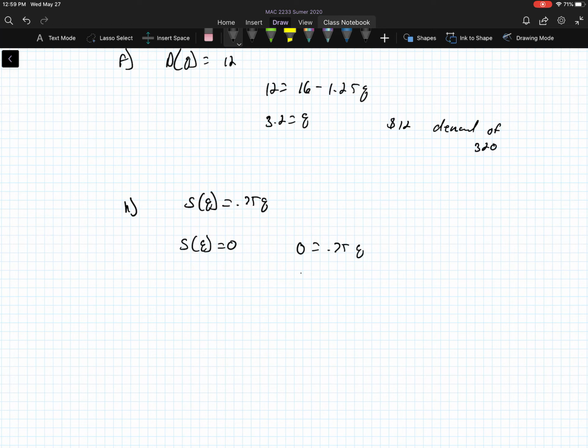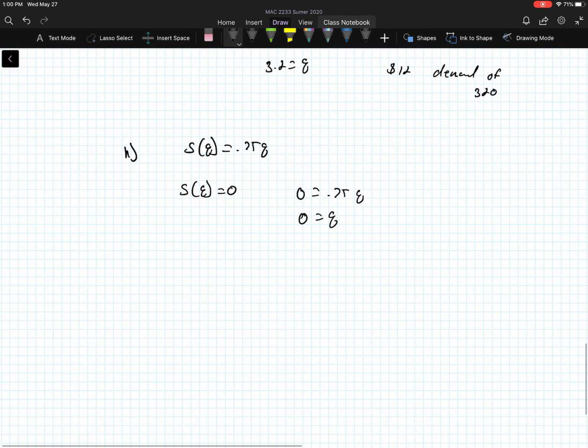So 0 is equal to 0.75 Q. So that means that Q is equal to 0. So that means that when 0 watches are produced, the supply would be 0, right? Because nobody wants to supply anything for free.